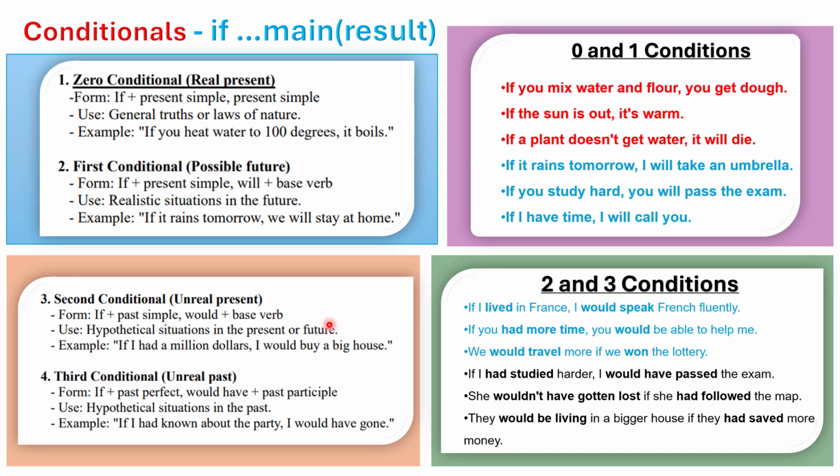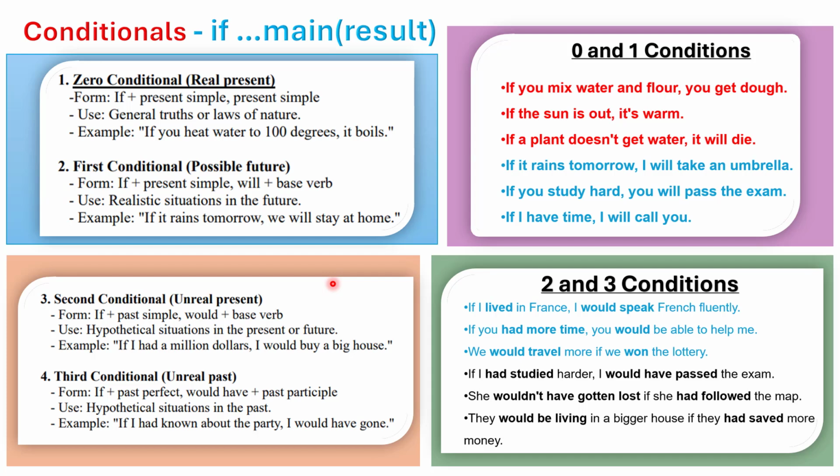The second conditional is called unreal present. So here it is unrealistic. The form also has two parts. In the first part we have if plus past simple, and in the second part would plus base verb. We use this, as I said, with hypothetical situations in the present or future. When I say hypothetical situations, I mean unrealistic situations, like imaginary situations, or something not possible.